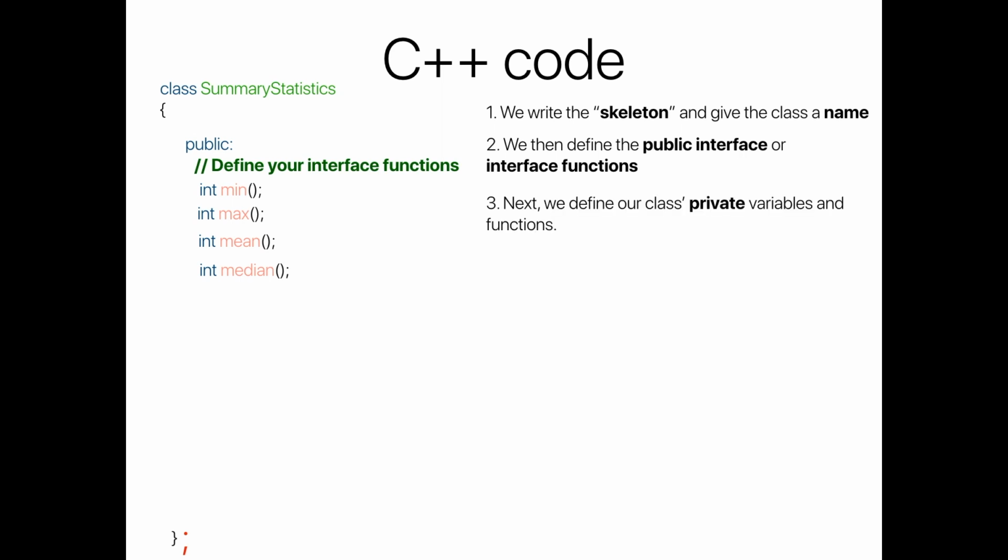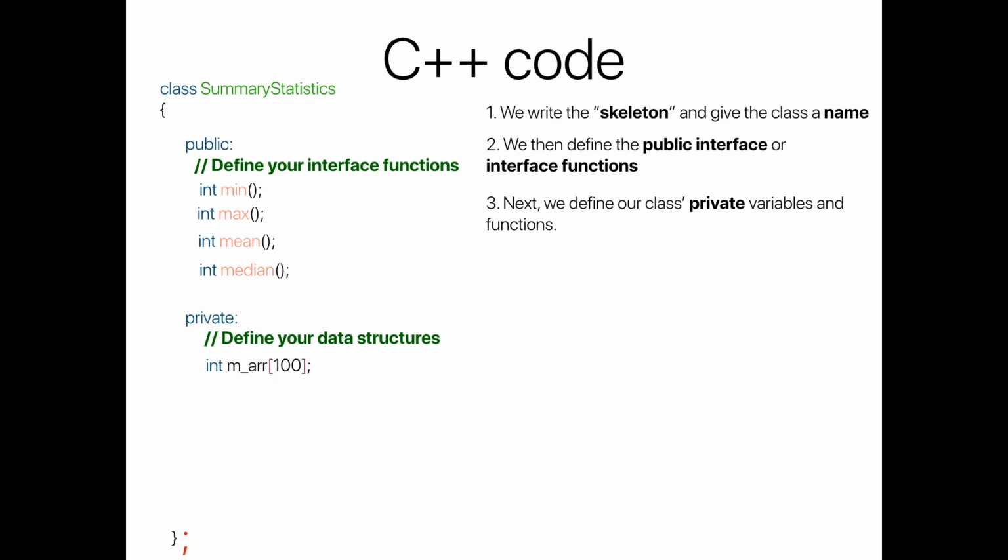Next, we want to define our class's private variables and functions. To do that in C++, we use the private keyword followed by the colon. Anything placed under the private keyword, well, it's private, and this cannot be accessed by the user or anyone who is using this class. So again, this is precisely where we define our data structures.